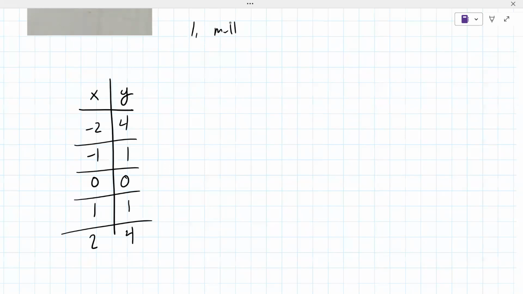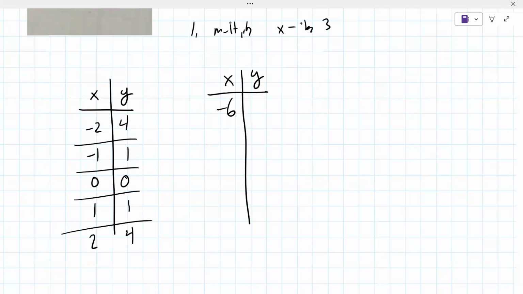Okay, so you're going to multiply every x value by 3. So give me those x values after you multiply them by 3. That's going to be a -6 for y. Just the x values. You're just multiplying the x values. It's a -6.